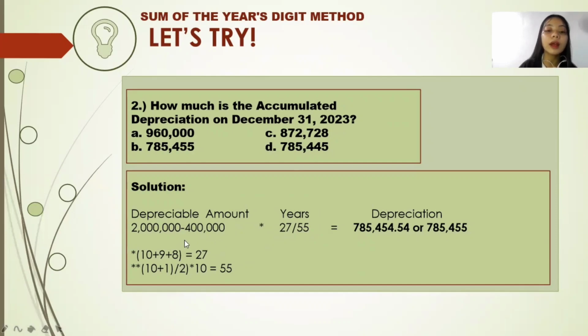Ito yung natitirang years remaining, 27 kasi nagamit mo na ang 2021, 2022, and 2023. Over 55, useful life plus 1 over 2 times useful life. So, the answer is 785,455.54, or 785,455. The answer is letter B.